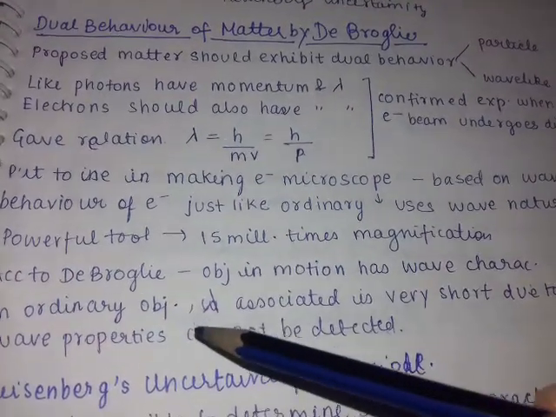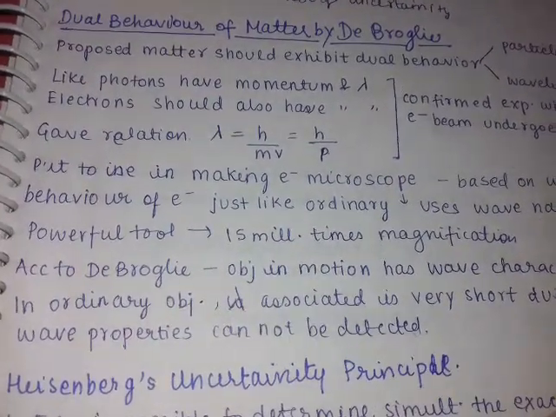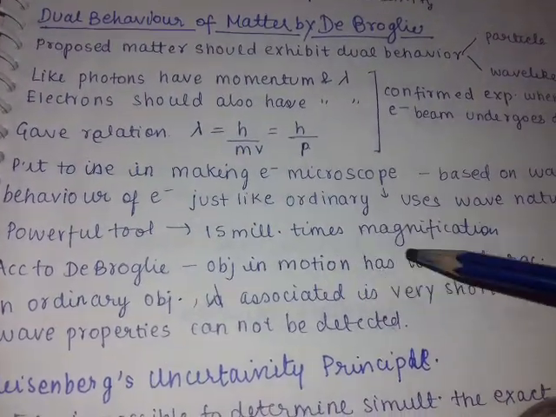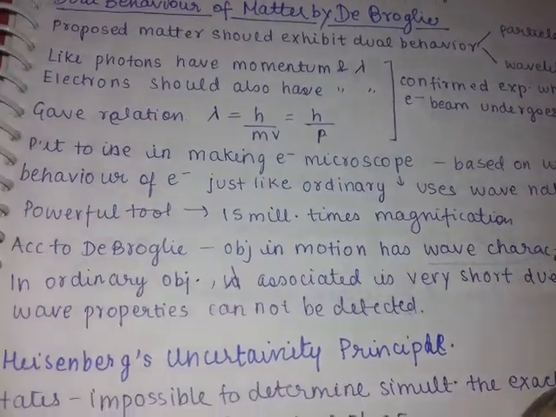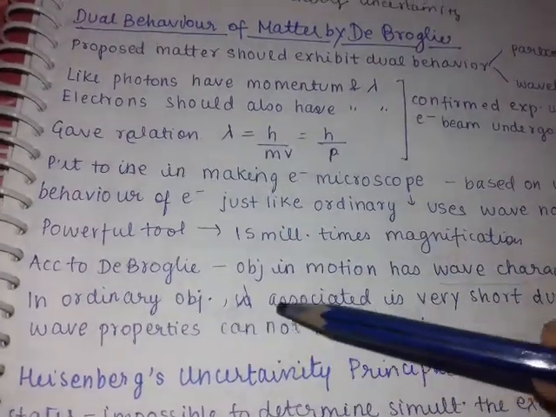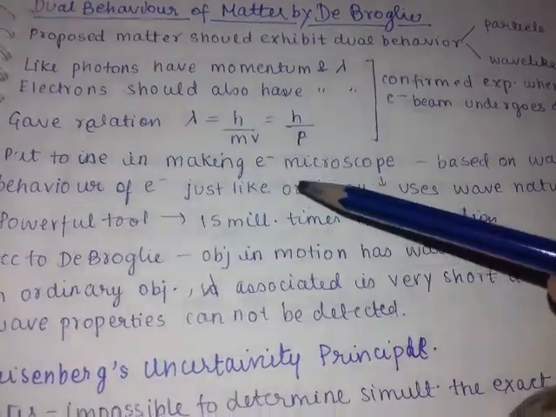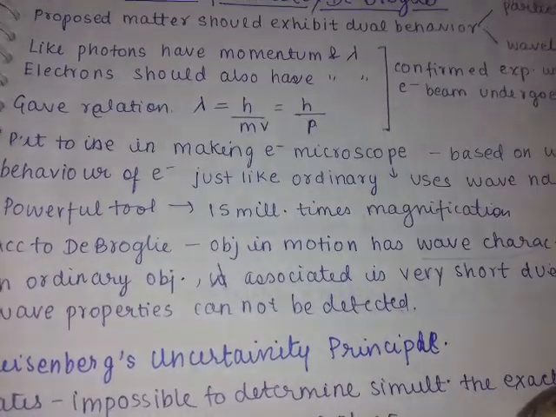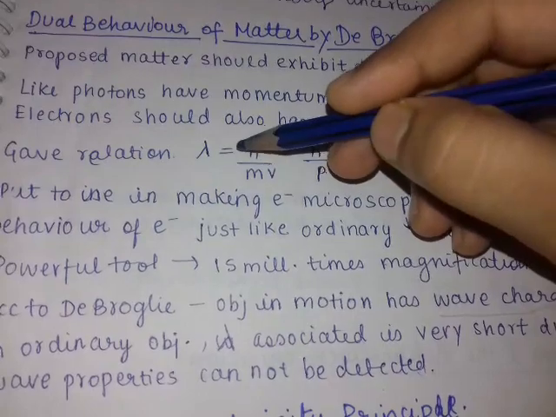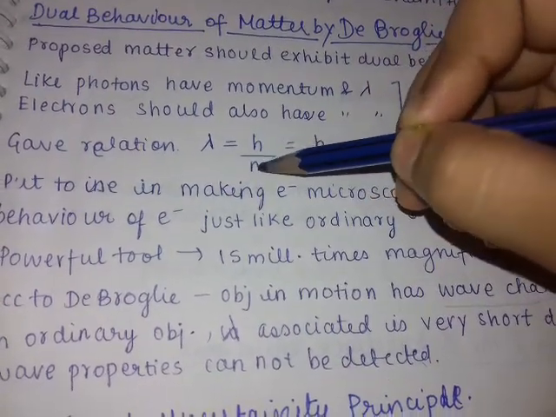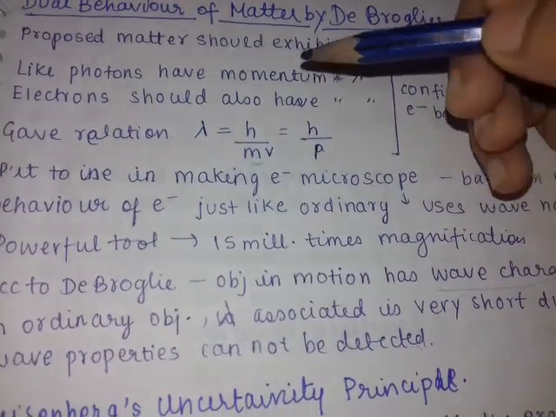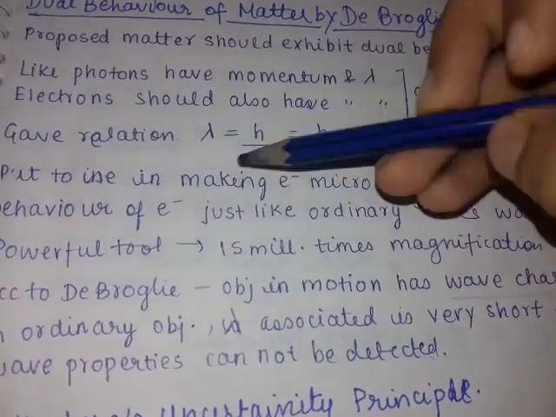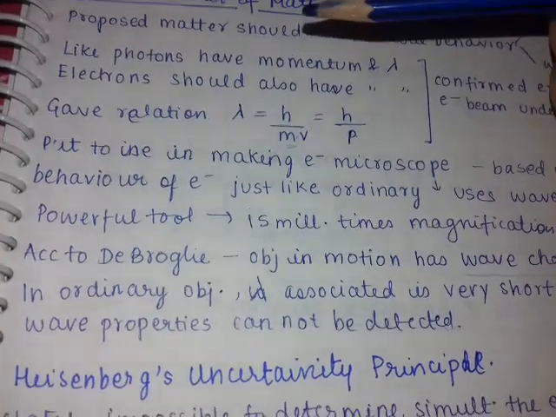Now what did de Broglie actually say? That objects in motion have wave character, but ordinary objects do not show wave character because they have a very huge mass. Since you can see in the formula that the wavelength is inversely proportional to mass, objects which have a very large mass will have very small wavelength.